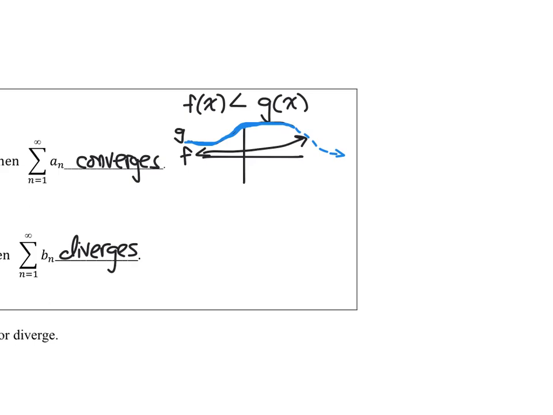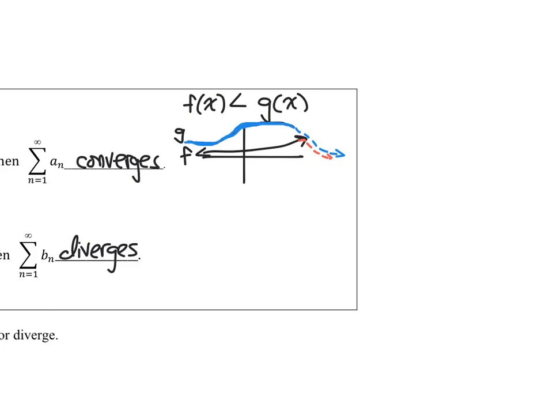F of x, since it has to be less than g of x, can't just blast through g of x. It has to forever be contained between g of x and the x-axis. So while it might have wanted to increase without bound, it has no choice. It has to turn around and run parallel to g of x, at least for extreme values of x.